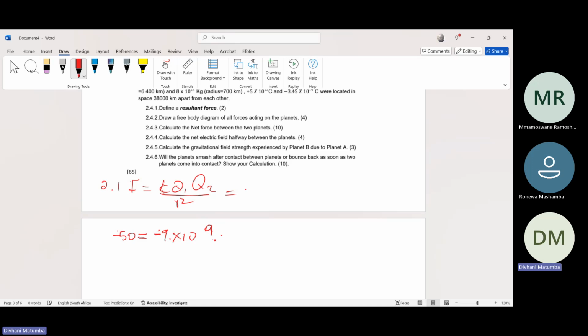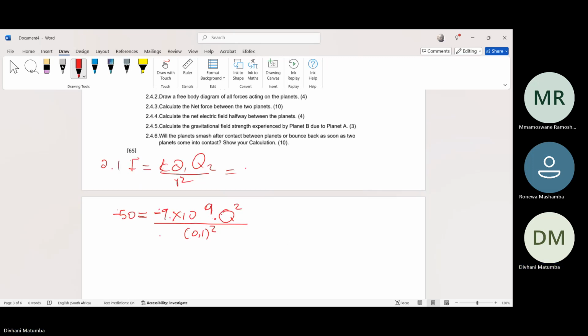Okay. And then Q times Q, because they are the same magnitude, it will be Q squared. You agree? Yes. Then over our R was 0.1 squared.